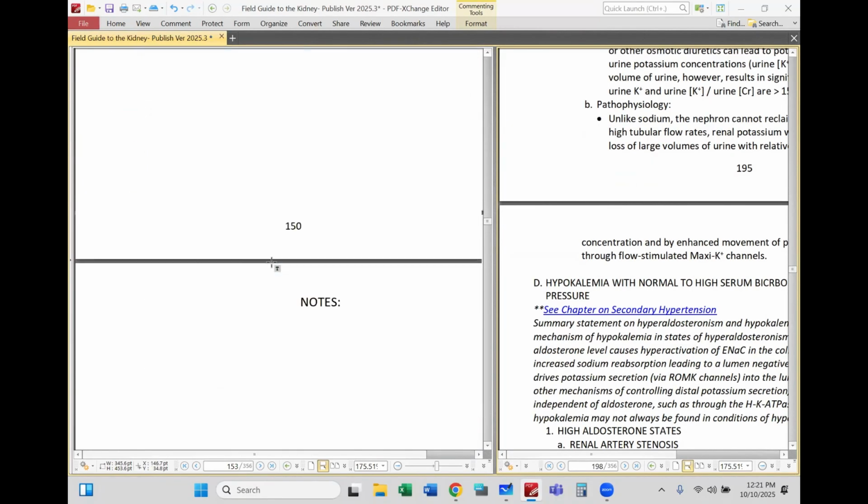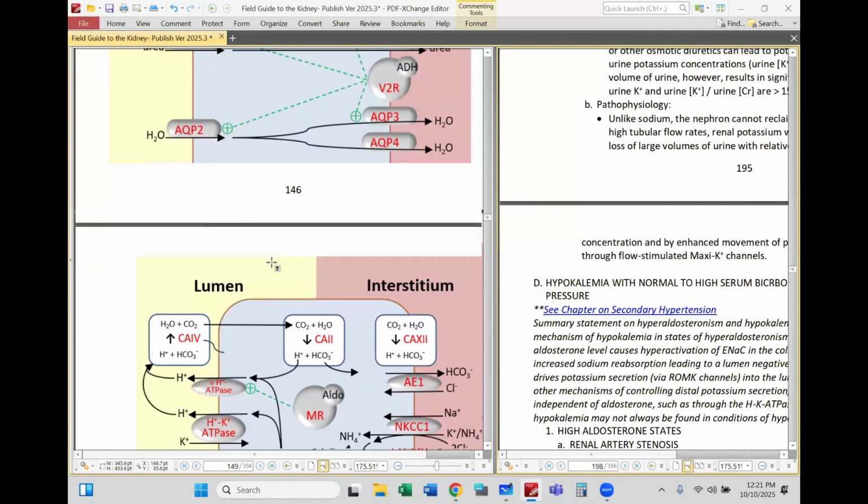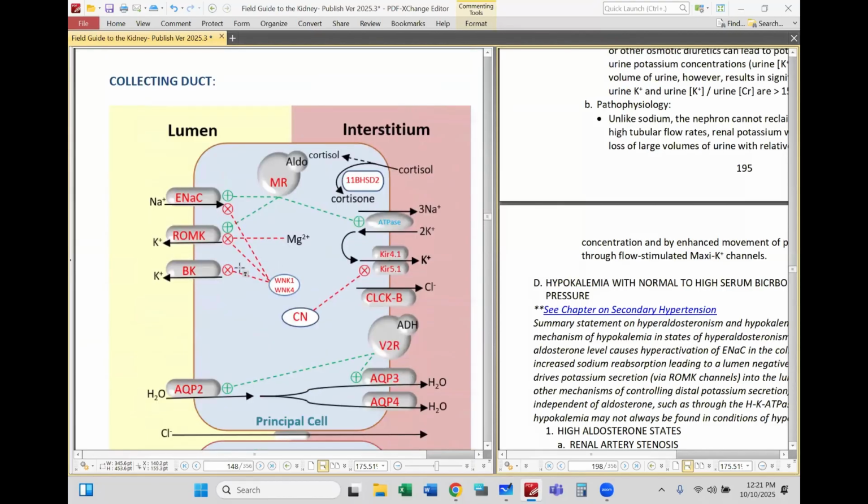We've gone over ROMK as well as maxi-K channels as your pathways of K secretion in the collecting duct.